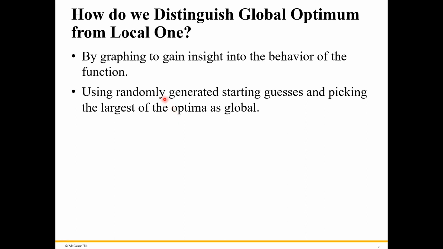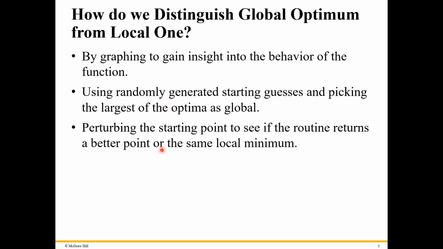This we will probably do in the next chapter. And then perturbing the starting point to see if the routine returns a better point or the same local minimum. With this approach, we can also try to guess whether it is a global maximum or a local maximum, or a global minimum or a local minimum.